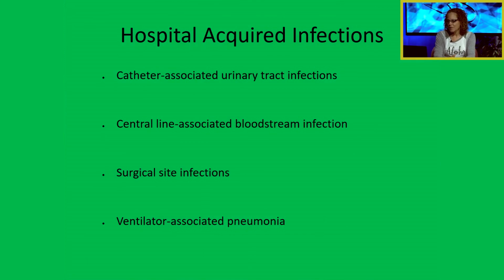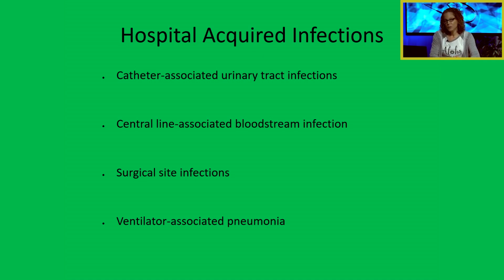There are different types of infections that can occur in the clinical setting, and some of these can occur from catheter-associated urinary tract infections, meaning that we have a urinary catheter in our patient, and a urinary tract infection occurs as a result of that catheter because of poor hand hygiene or not maintaining sterile technique or not providing good care for that catheter once it's in place.